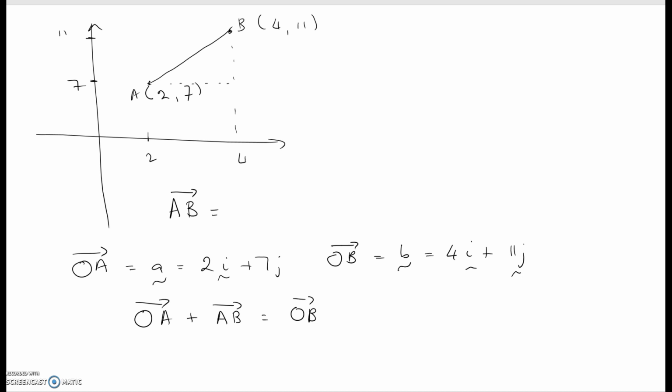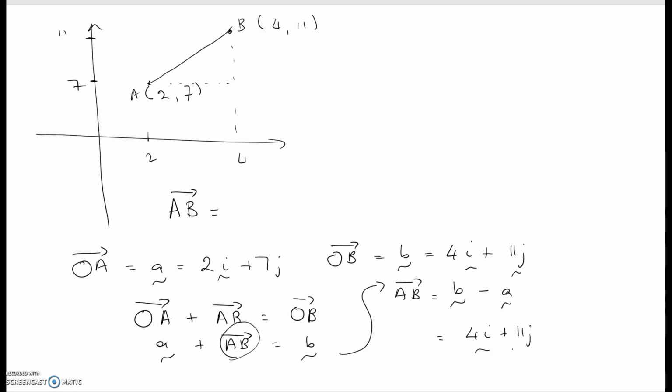So let's fill in what we know. OA is little a, AB is, well, AB, and OB is little b. We need to find this one. So just ordinary algebra. Now we know how to do that. We know that that's going to be 4i plus 11j minus a, and a is 2i plus 7j.